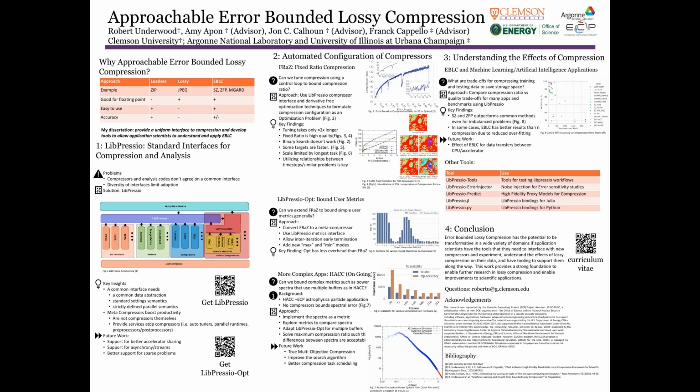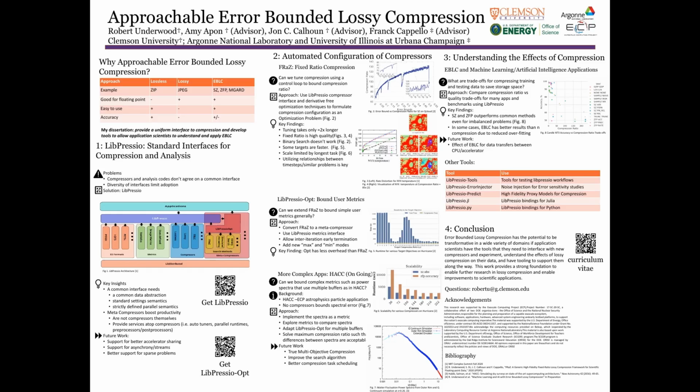One example work from this is our work looking at error-bounded lossy compression in machine learning and artificial intelligence applications. What we wanted to ask is, what are the trade-offs for compressing training and validation or testing data to better save storage space? Our approach was to use libpressio opt in conjunction with libpressio to generate Pareto curves, basically points that dominate the other points around them.